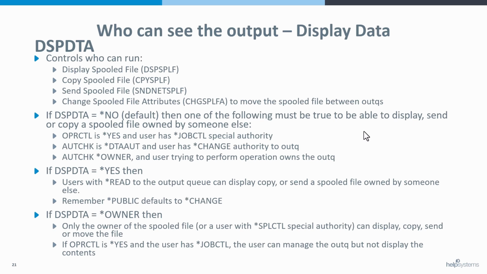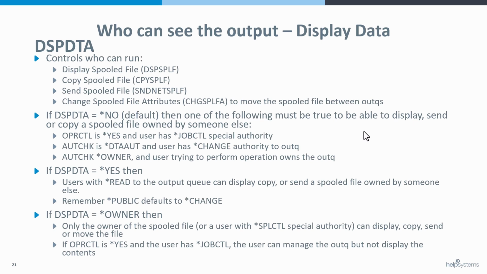If display data is no, which is the default, then one of the other pieces must be true for users to be able to display, send, or copy a spooled file. Operator control is set to yes, and the user has job control. The authority check is set to data authority, and the user has change to the outqueue.